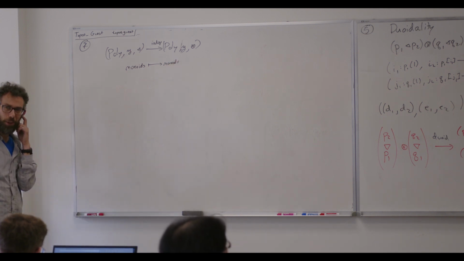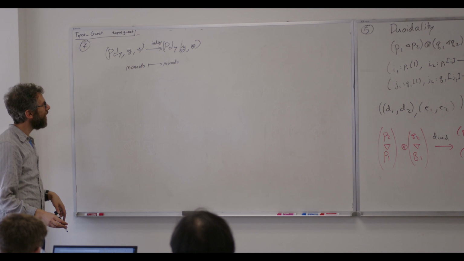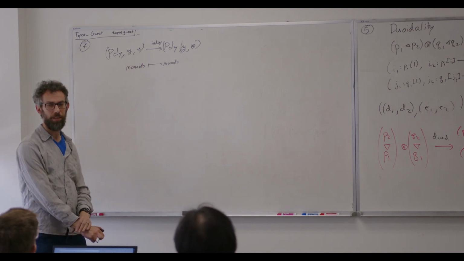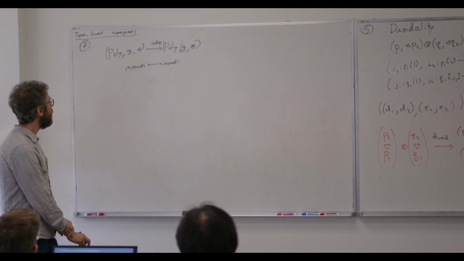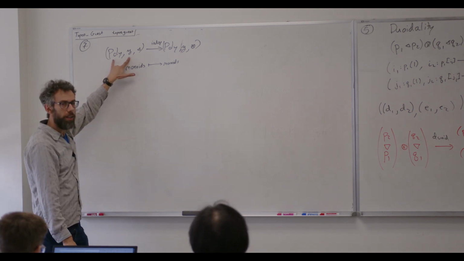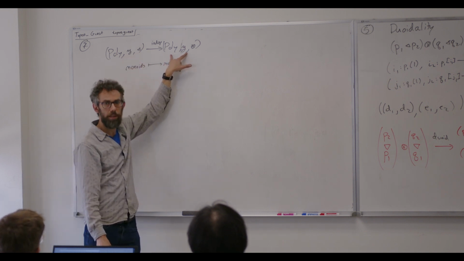Now, you might look at this and say, isn't that backwards? But if you look at what lax monoidal functor means, this is the correct direction. And what that means is whatever monoids are in here, they're going to give us applicatives.